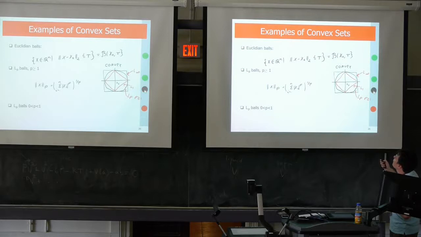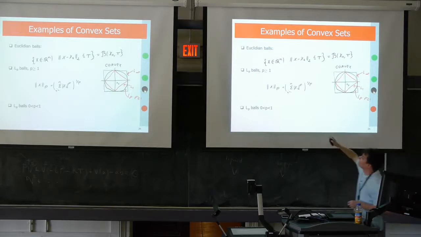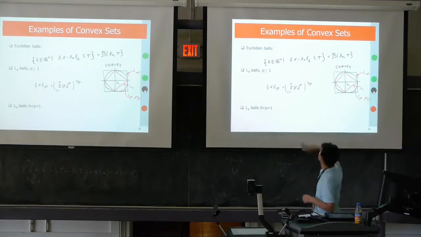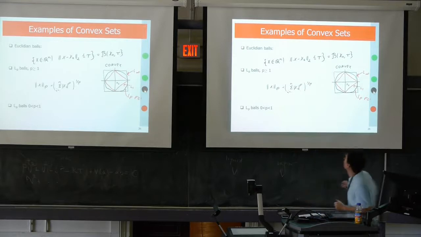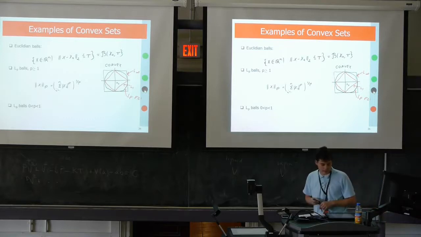This would be the L2 ball. The L1 ball has straight line boundaries, and the L infinity ball, defined as the limit when p is going to infinity, would be the supremum norm, and it would look like this square here. So they are all convex sets.